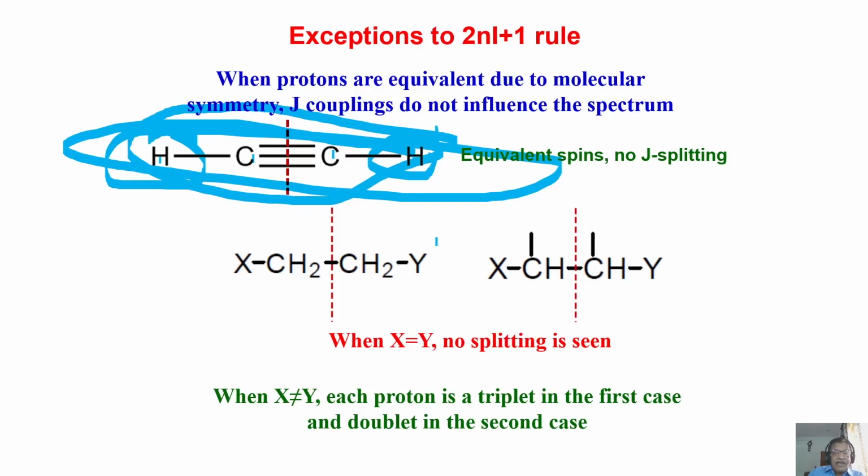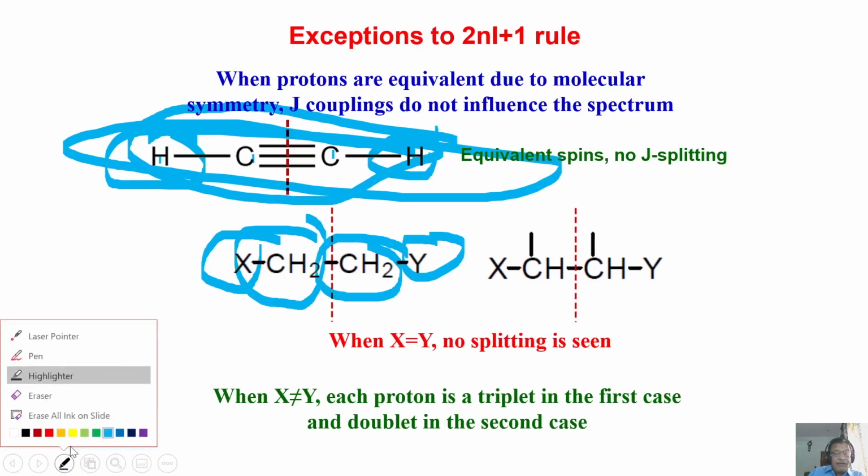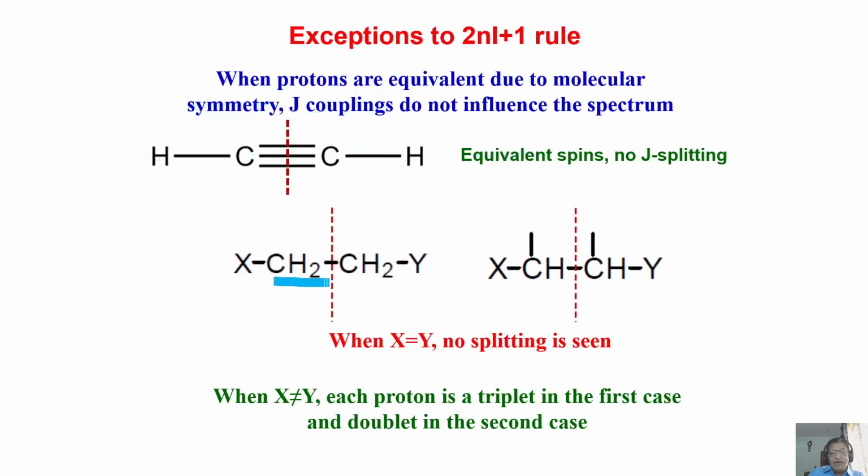Look at this one. If X and Y are different, this environment is different, this environment is different. As a consequence, what is going to happen? This proton splits because of coupling with this. This splits because of coupling with this. Because X and Y are different, there is no chemical equivalence.